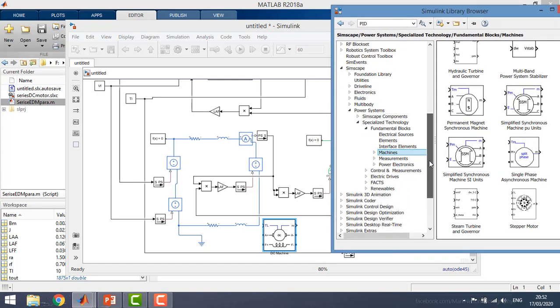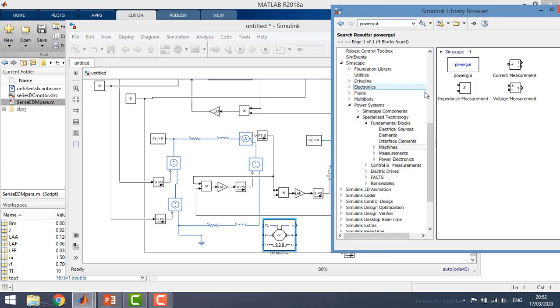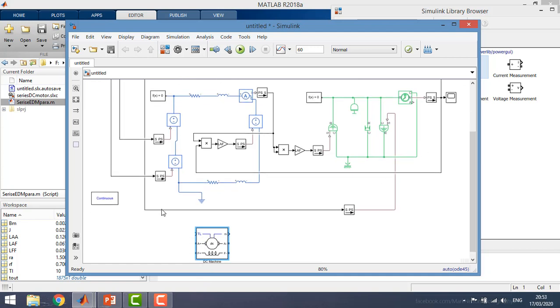To use this machine, we have to have the Powergui block. Probably it's easier to use search to find it, I guess. Let's put it here. Let's push it a little bit downward. Make a room for that block.